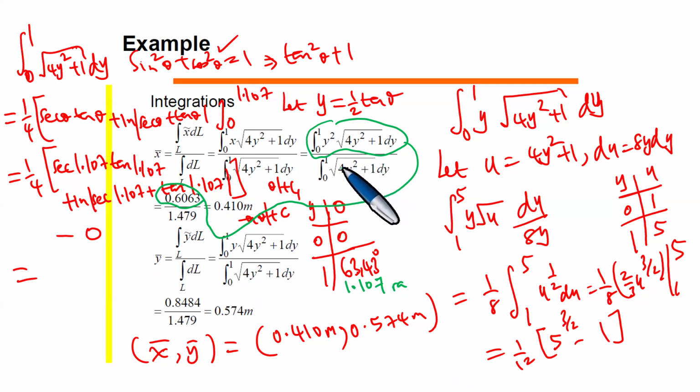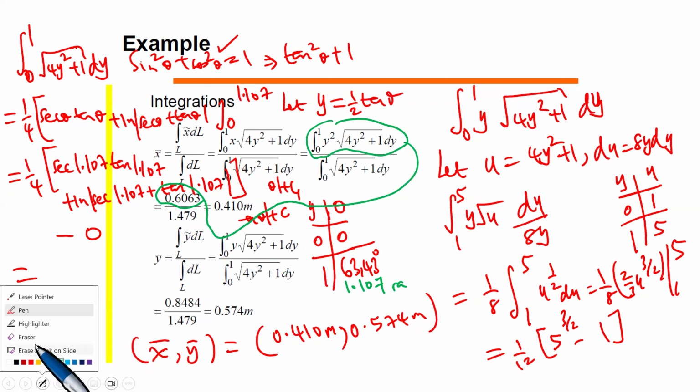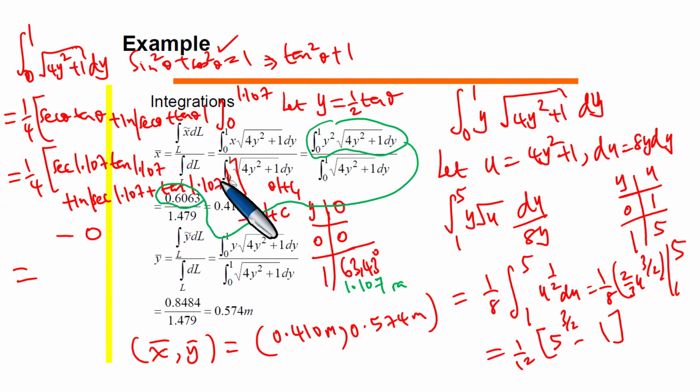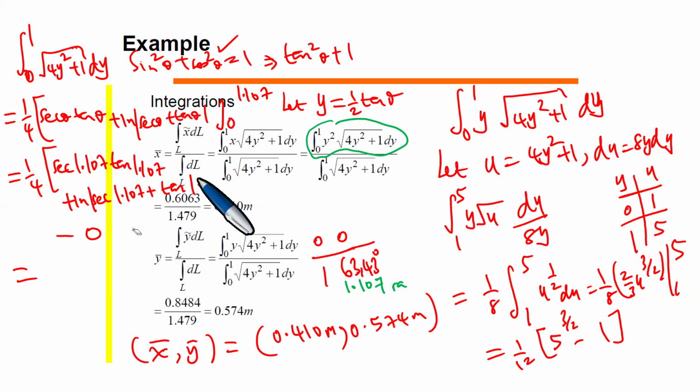Now I'm saying the integral from 0 to 1 of y squared times the square root of 4y squared plus 1 dy is equal to 0.6063. Let me clean up here because you might not see very well. We don't need the rest of this.